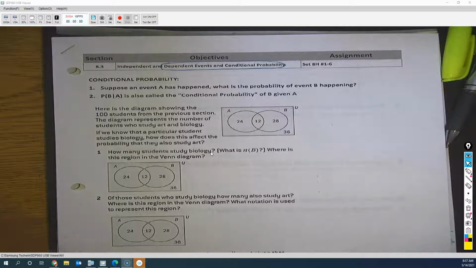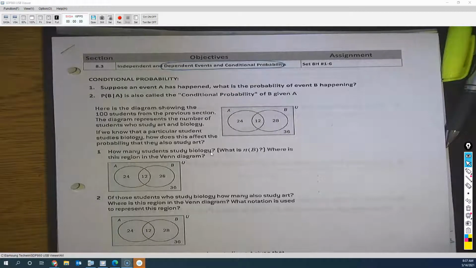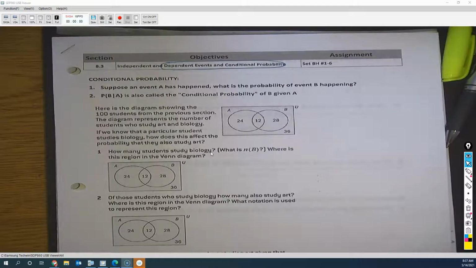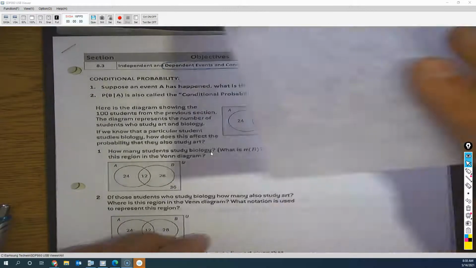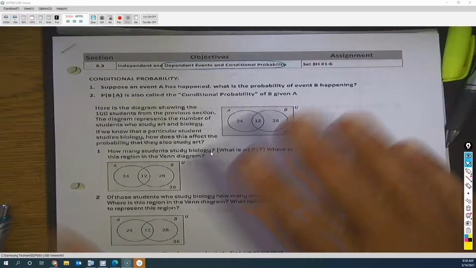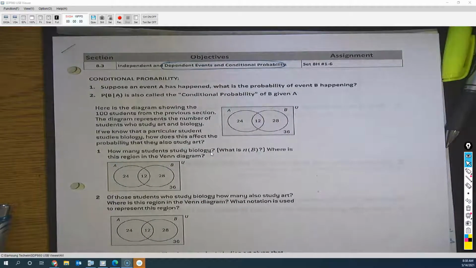If you know somebody already studies, let's do it this way. What's the probability that a student studies art?